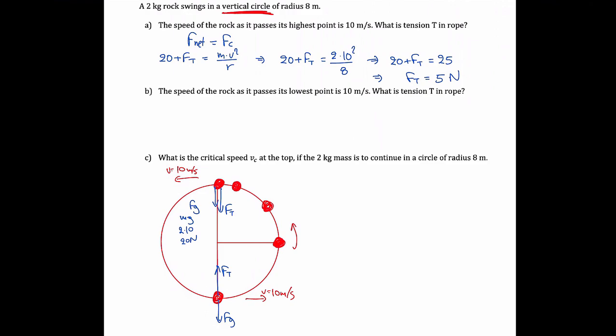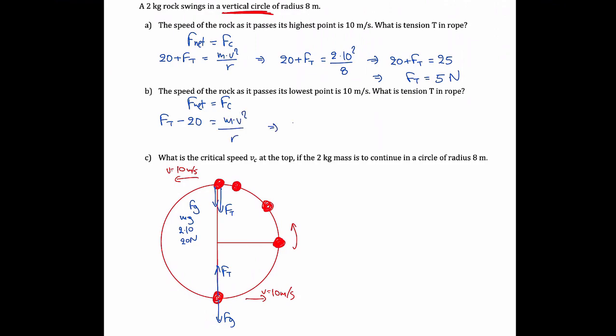So again, the net force in the radial direction will be equal to the centripetal force, but now we have forces acting in opposite directions. The force of tension is greater, so tension minus gravity is equal to mv squared over r.